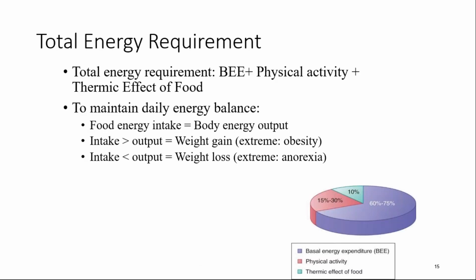So what is the total energy requirement for the body? If you look at the total energy requirement for the body, it includes the basal energy requirement, physical activity, and the thermic effect of food. The basal energy requirement of an individual is about 60 to 75%.